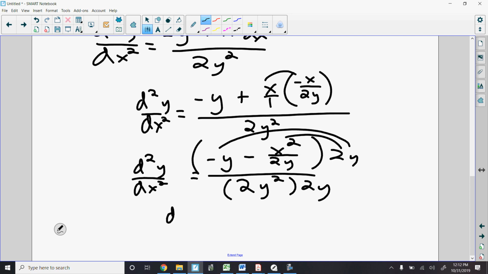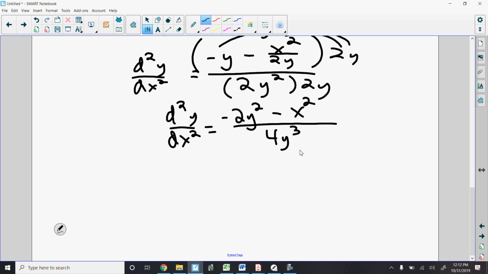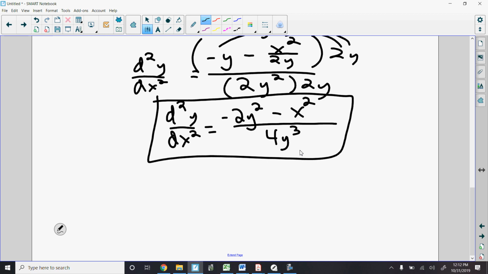So distributing that, I get this. I've got negative 2y squared from that first multiplication, minus x squared over 4y cubed. And nothing can be simplified there. So that's my final second derivative in terms of x and y.